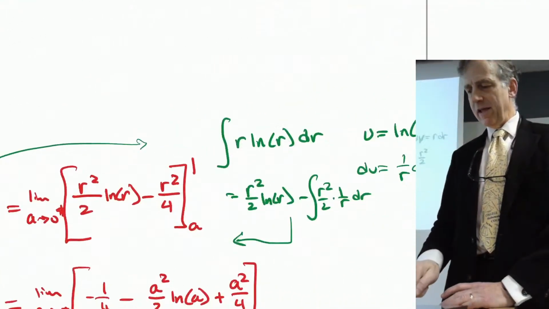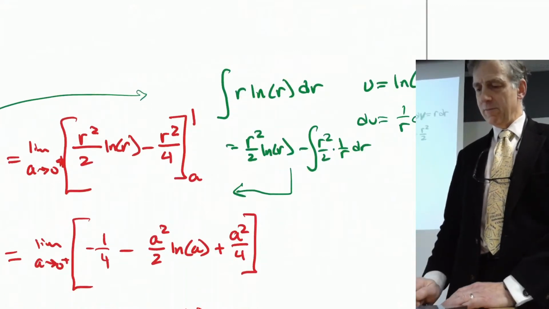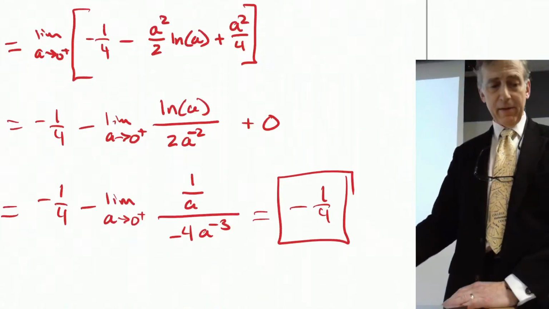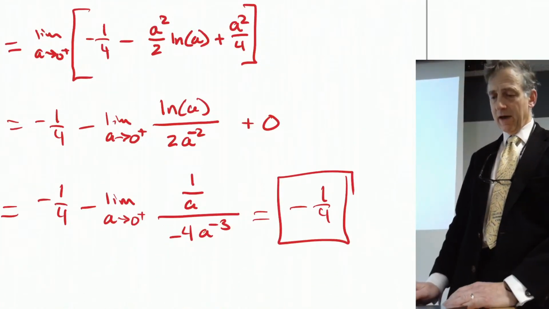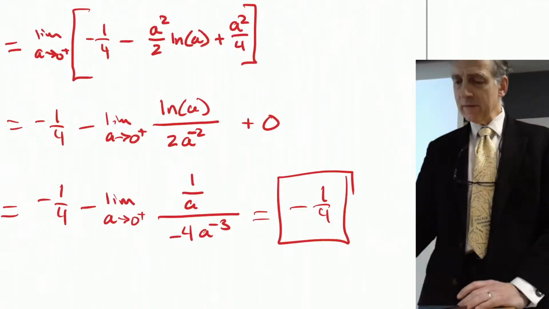So I've got that over here in green, which I guess you could pause and look at. But the important thing is that this thing actually had a limit, and that limit was -1/4.